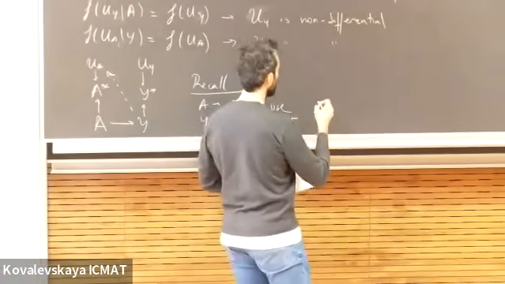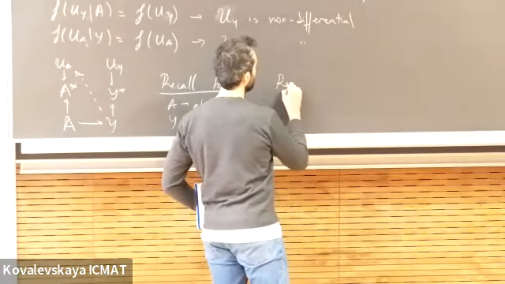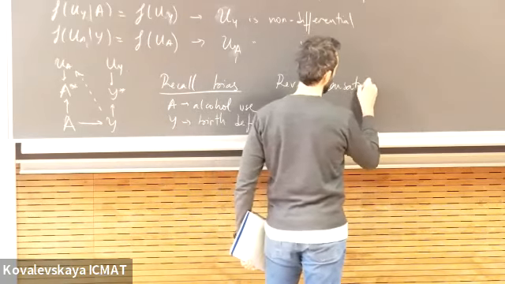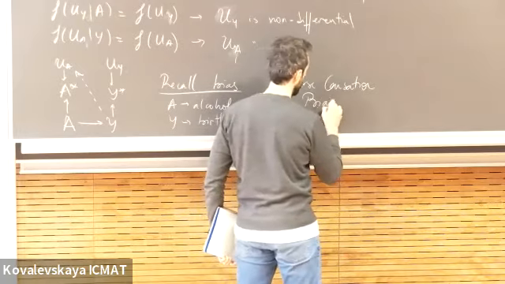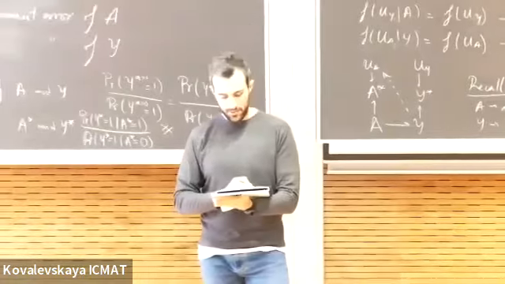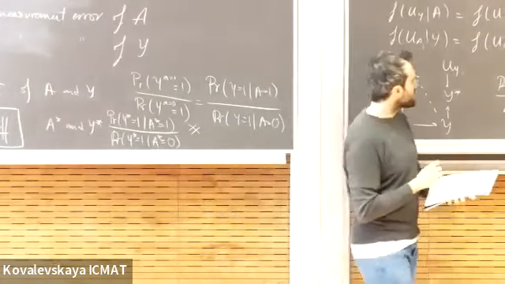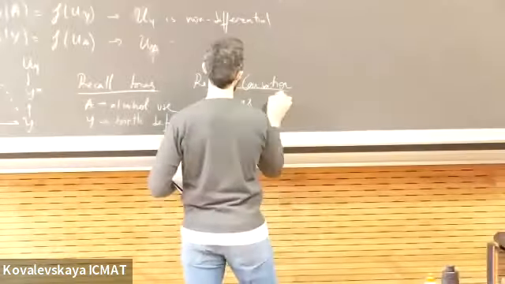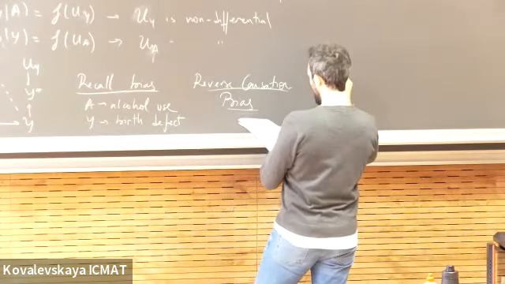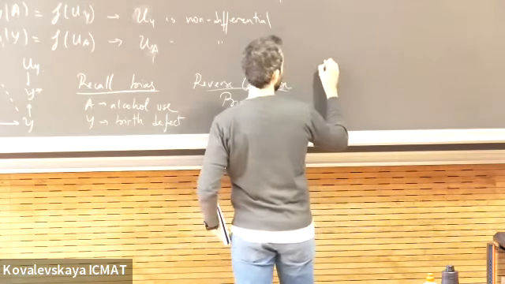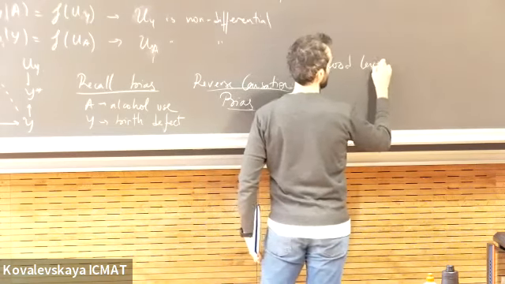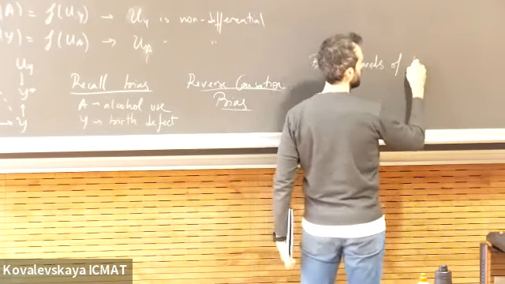And they also provide another example, which is called reverse causation bias. In this case, for example, they measure the blood levels of a drug.